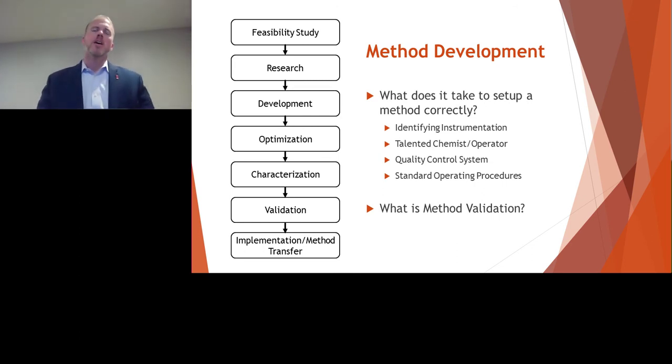So after you have a solid method and you get the method set up exactly how you want to, you go into this characterization and validation process. I'm going to talk about validation a little bit more on the next slide, but this is where you're really trying to characterize your method to show that what you are doing is exactly what you say you're doing. And then once you have everything up and running, it's just implementation. And this is where you're getting samples in and you're able to actually produce data.